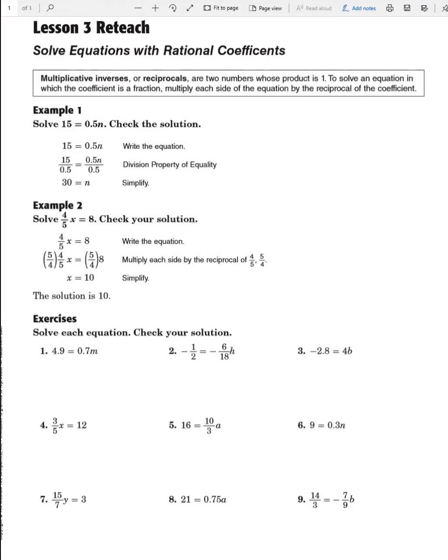And if you remember from class, we said recip, as in reciprocal, equals flip. So when you are finding the reciprocal, you are flipping the fraction. Once you flip the fraction, it will turn into 5/4.